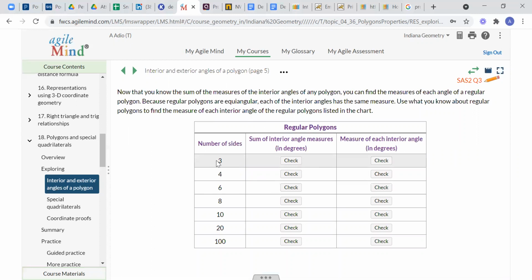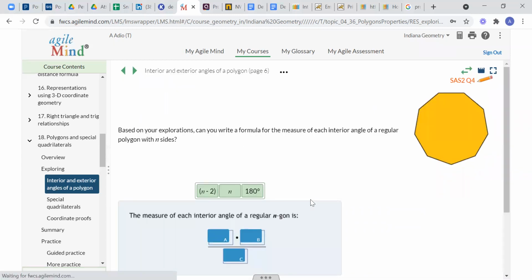Since we know the number of sides, the formula says n minus 2 times 180 to get the sum of interior angles, and each interior angle is that sum divided by the number of sides. So the next thing is to find a formula to measure each interior angle.